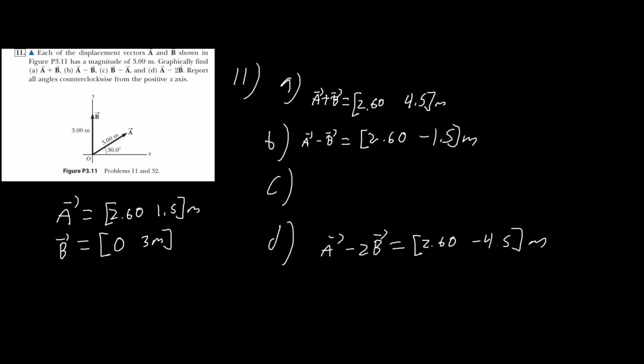Okay, so A plus B is going to be this. That's correct. A minus B is going to be that. Awesome. C was B minus A. It's just taking the backwards. So B minus A is going to be negative 2.60, and 3 minus 1.5 is just going to be positive 1.5, so that's just the flip of this, meters.